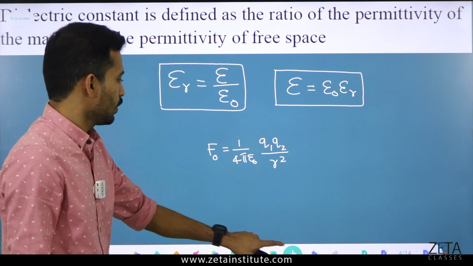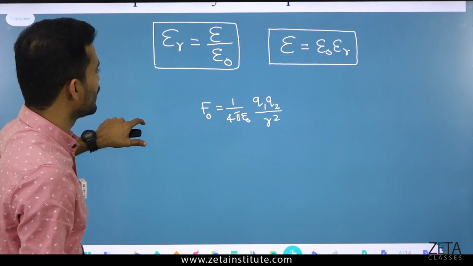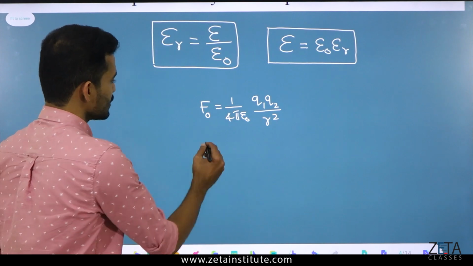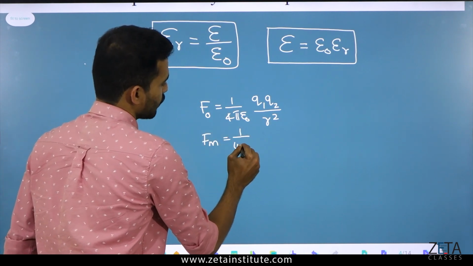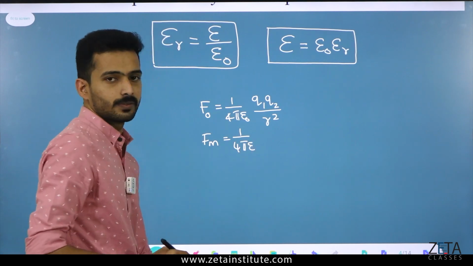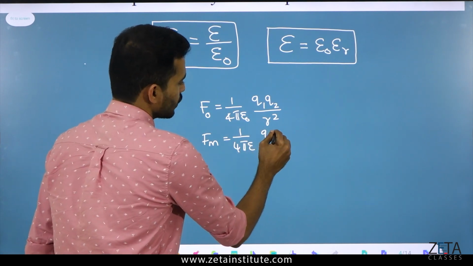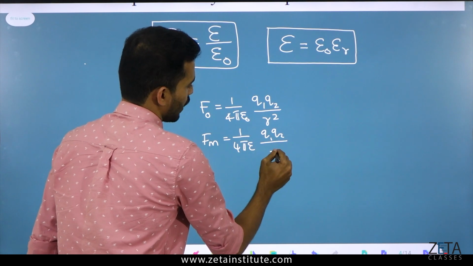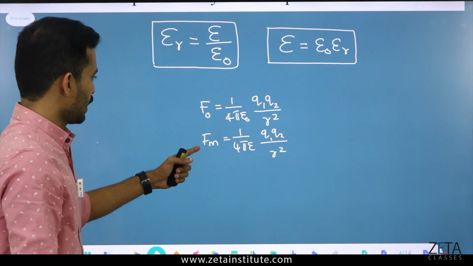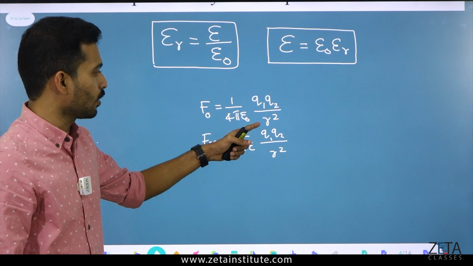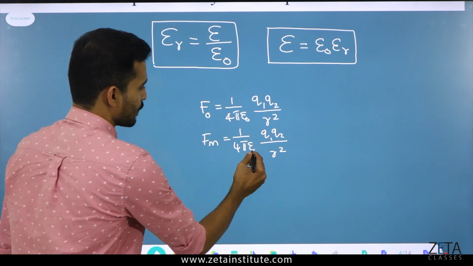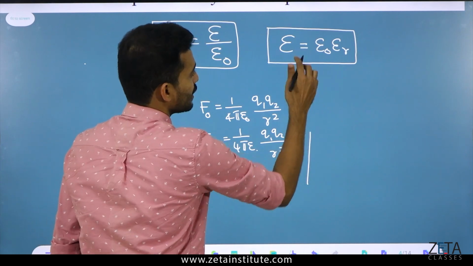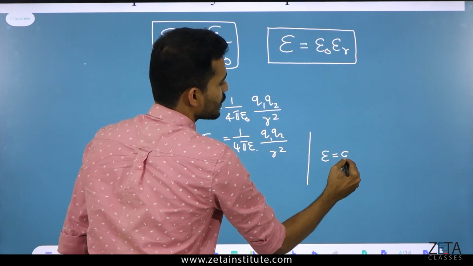Then what is the force when it is placed in a medium? Fm is equal to 1 by 4 pi epsilon q1 q2 divided by r square. So instead of this epsilon, we can write epsilon 0 epsilon r.